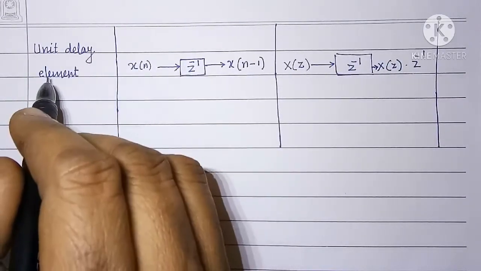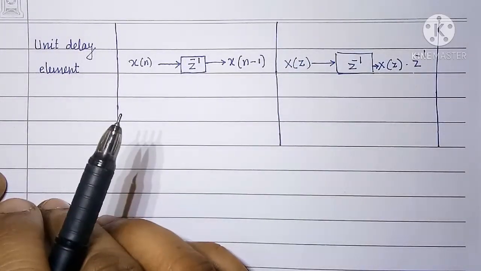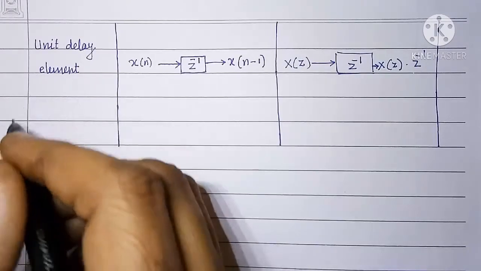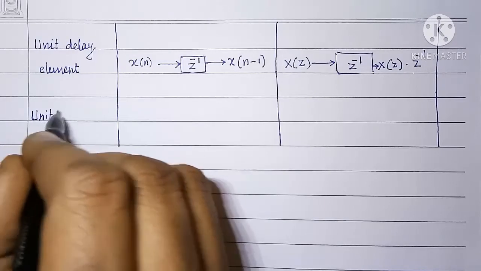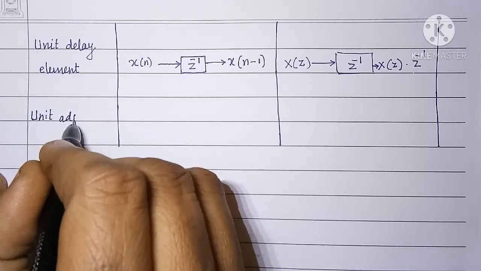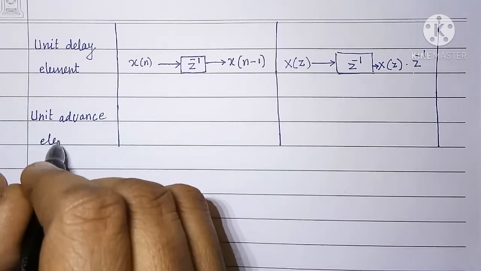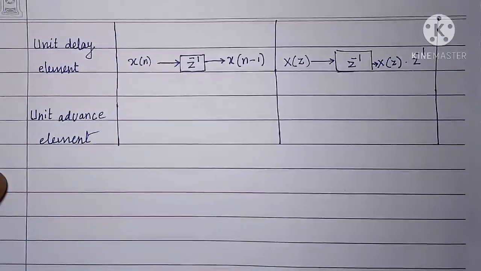As we delayed input signal here by 1 unit, we can advance the input signal by 1 unit also, that is by means of using unit advance element.